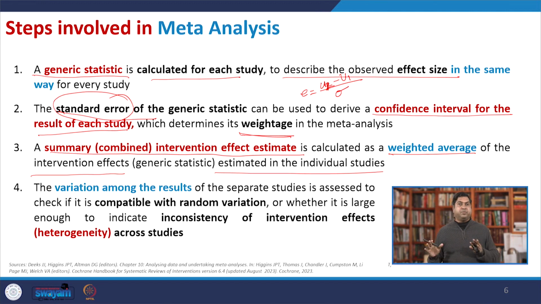In this case, if there are 4 studies, we calculate it. Then the variation among the results of the separate studies is assessed to check whether it is compatible with random variation, or whether it is large enough to indicate inconsistency. If the variation is small, say you found 0.35 and another found 0.32, statistically it is just a small difference.